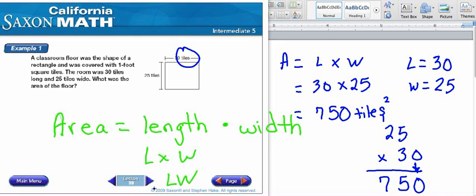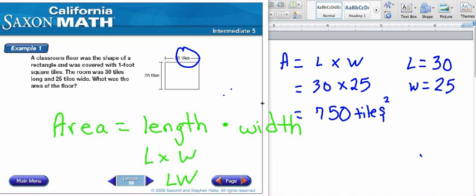If I was to write this in words, I would say I have 750 square tiles.